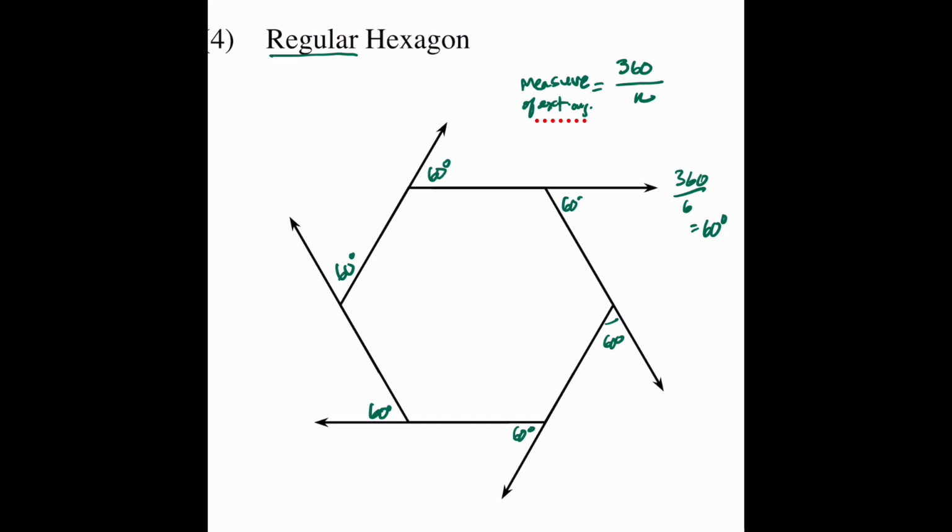But more importantly, I now know that this interior angle is 120 degrees, as are all the interior angles. And we've already seen from the previous video that a 6-sided figure has a sum of 720 degrees.